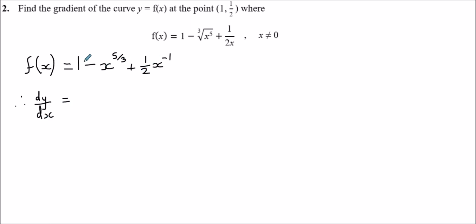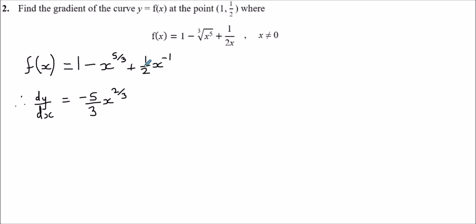So the constant of 1 will just simply vanish. That will become nothing. This here, we're going to subtract 1 from the power, and we're going to bring this to the front. And so it's a minus x, so we're going to have minus 5 over 3. And the new power of x, that's going to reduce by 1. So 5/3 subtract 1, we're going to be left with 2/3.